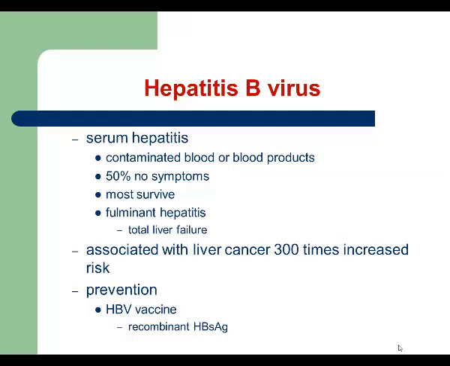There is no specific treatment since it's a viral infection. Hepatitis B vaccine is available today on the market, and you as medical workers have to remember that it's mandatory to be vaccinated against hepatitis B when medical workers work in the hospitals with the patients.